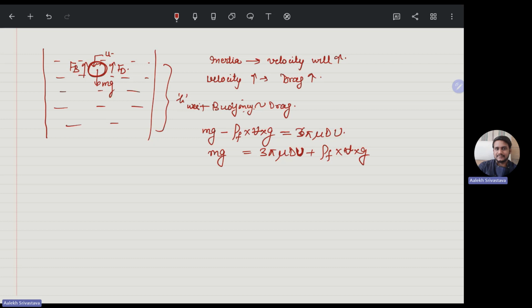That is the velocity that is not accelerated. So that is called the terminal velocity. After that, the velocity will not increase or decrease. So this is the drag concept.